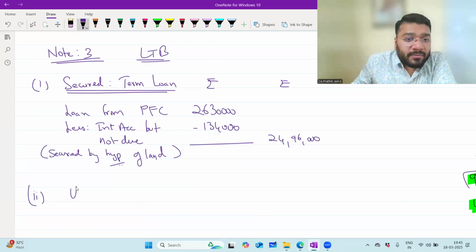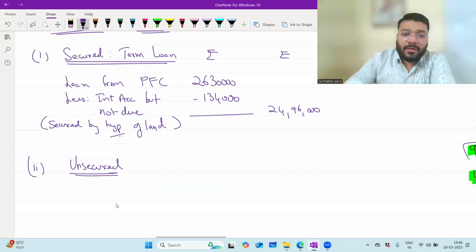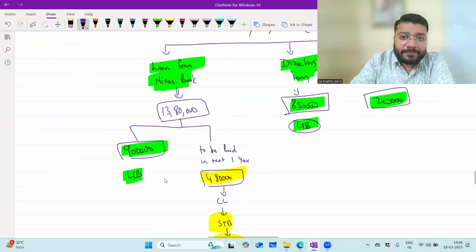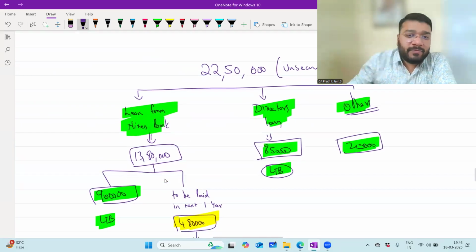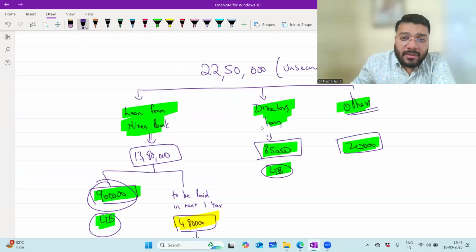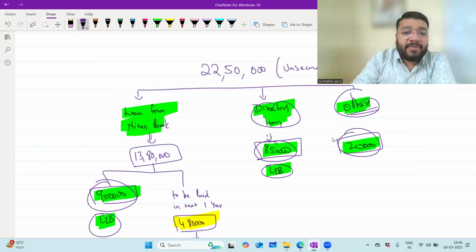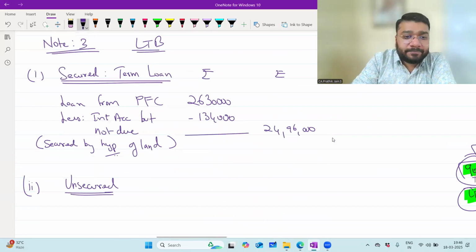Second is unsecured. In the unsecured part, under long term we have this 9 lakh, director's loan 85,000, others 20,000. So three components we have.